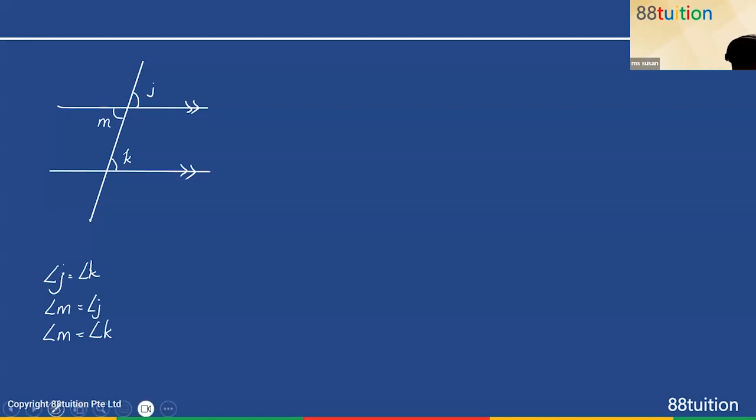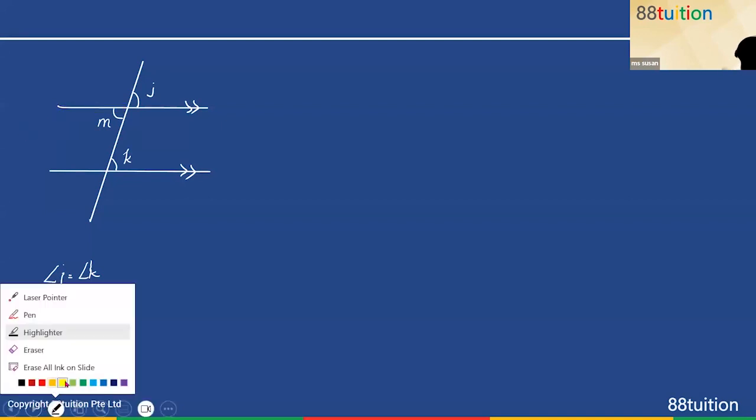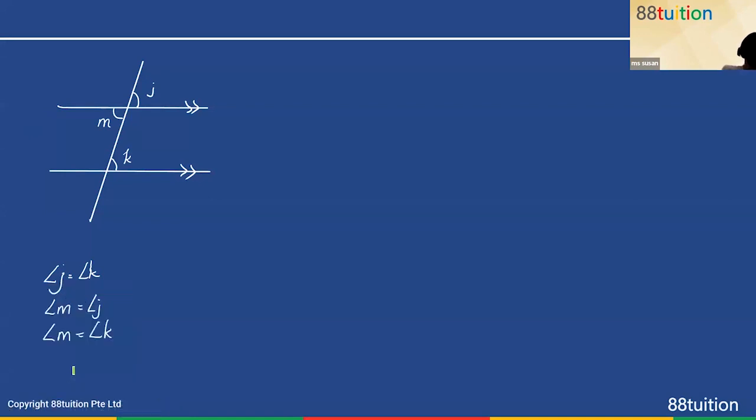So what is this new thing called? This time round, we are going to learn. Wait, I should be using highlighter. So you see my angle M. Look at angle M. Do you see this?